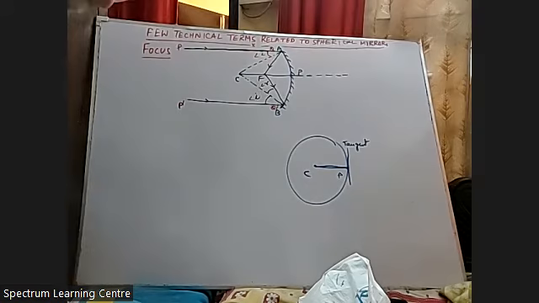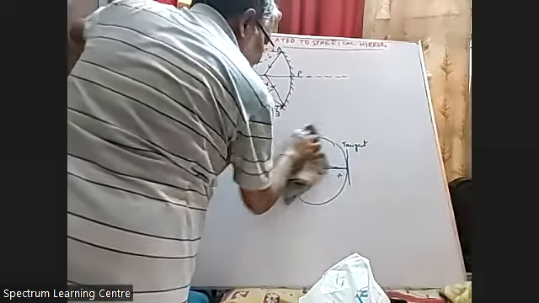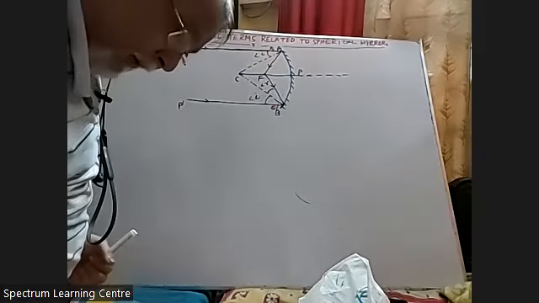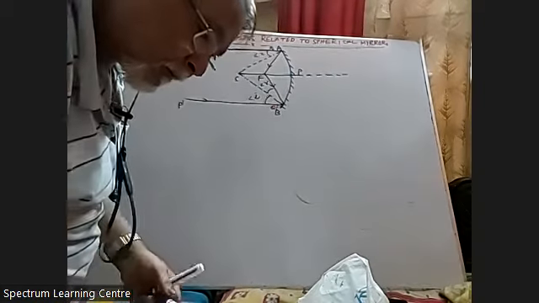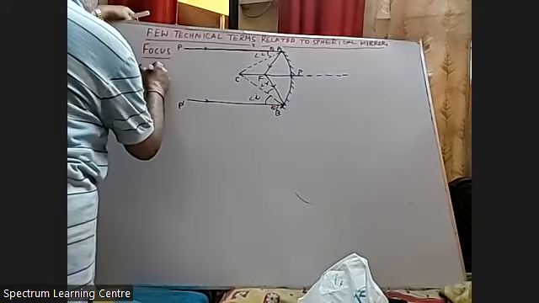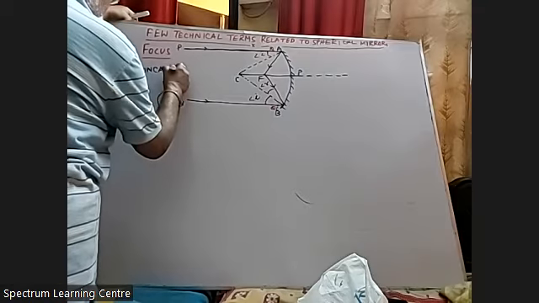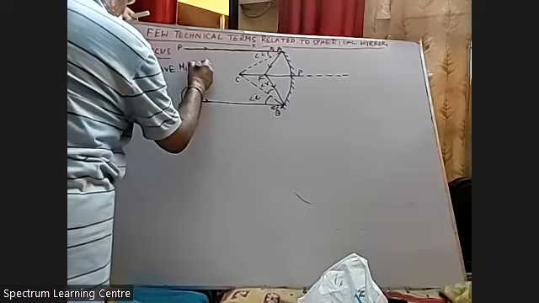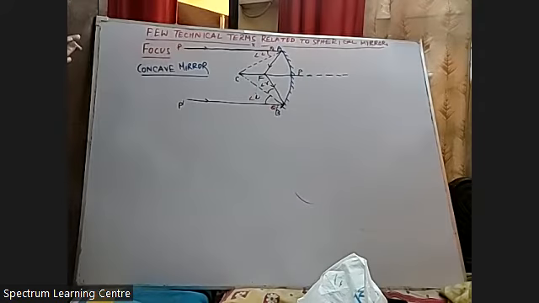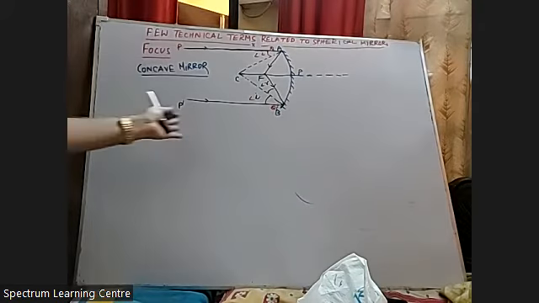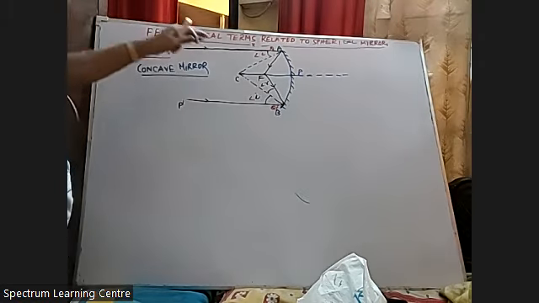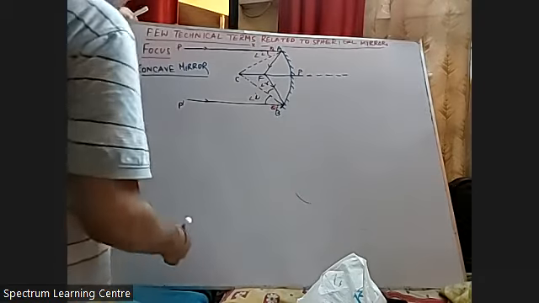Now we will have to define the focus of a concave mirror. Clear? Here what we do is take an assumption that since the incident rays are coming from infinity, they are parallel to each other.